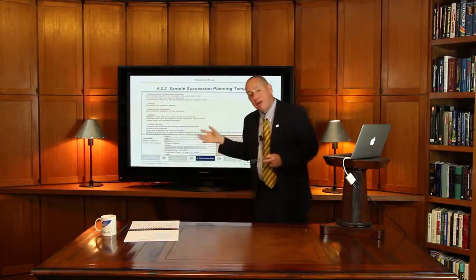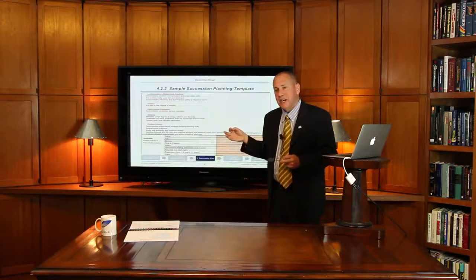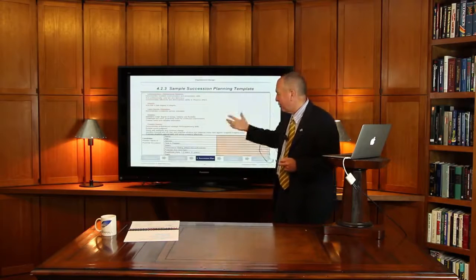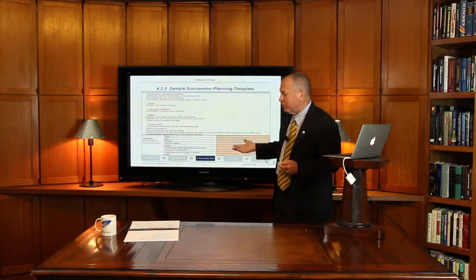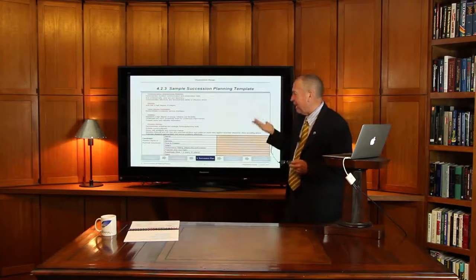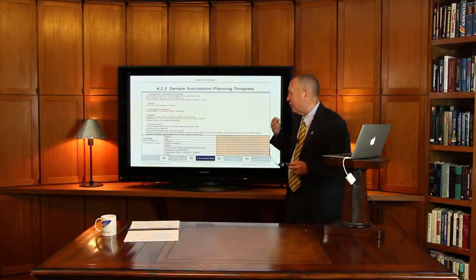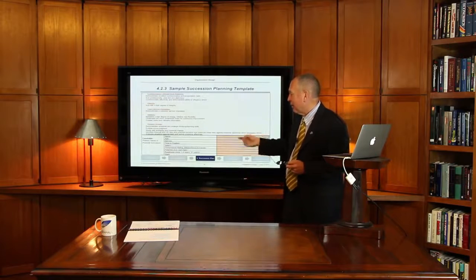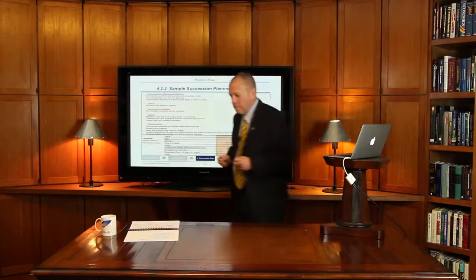Do they line up and match with the competencies that we just identified as crucial for that key position? And then what's some of the demographic data about this person? What's their name, age, length of service, how long have they been in their current job? If they've only been in the current job a few months, then we may not be ready to move them. What's their salary? How are they measuring up on performance?